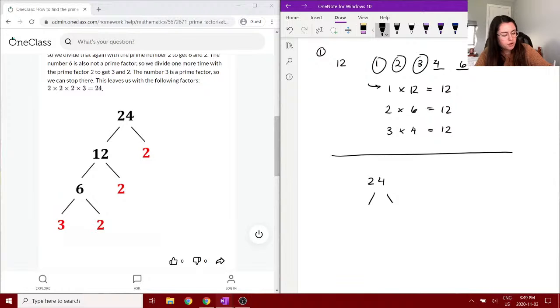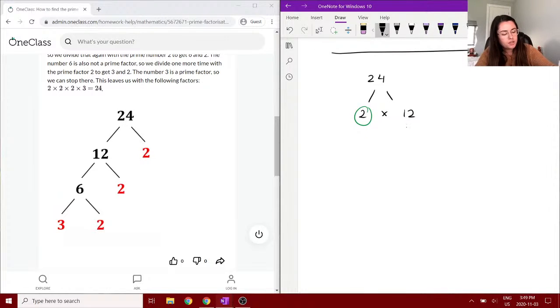You can get 24 by multiplying 2 times 12, and 2 here is a prime factor because you can't divide it into anything else but 2 times 1. So that's a prime factor, but 12 can still be divided further.